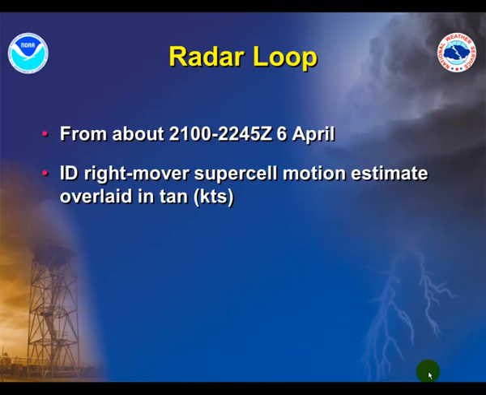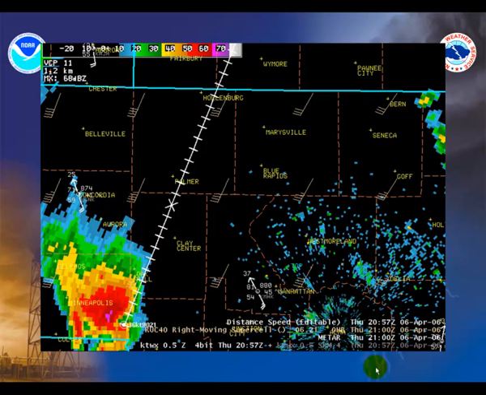I'm going to look at a radar loop from 2100 to 2245, so about an hour 45 minutes on the 6th of April. And we'll have overlaid on the radar loop a right mover supercell motion estimate, overlaid in tan wind barbs. And that suggests a northeast or north-northeast motion of 35 to 40 knots.